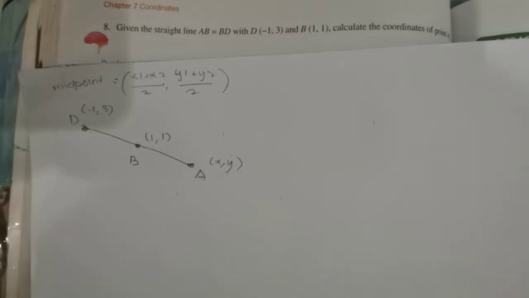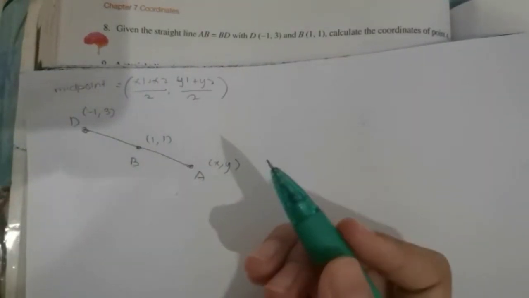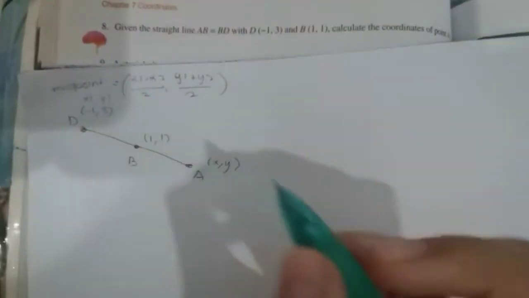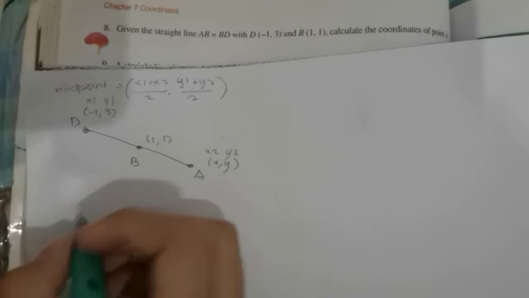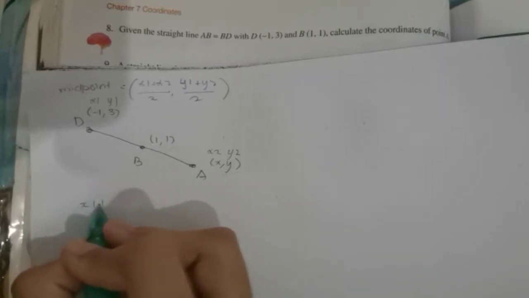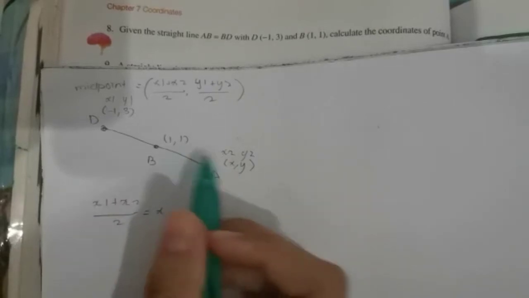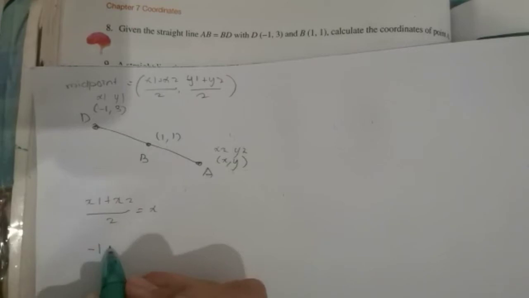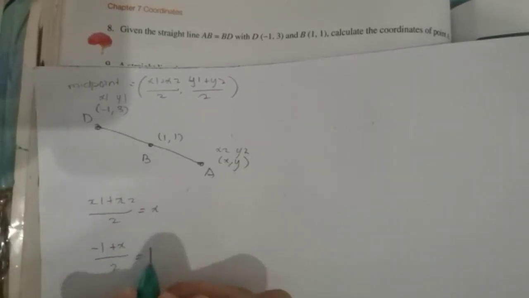Okay, so this is the formula. x1 plus x2, x1, y1, x2, y2. Okay, so x1 plus x2 over 2 is equal to the x of B. So negative 1 plus x over 2 is 1.